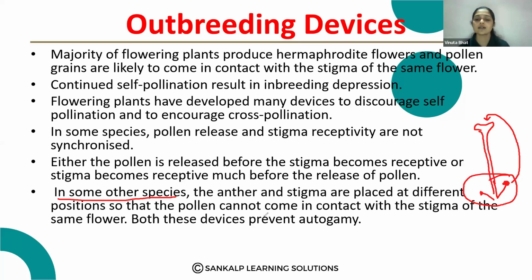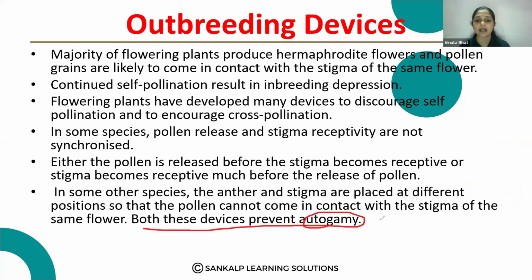Because of their positions, the plant is not able to perform autogamy. So both these devices, the non-synchronized stigma receptivity and pollen release, and the different positions of the stigma and pollen grains, prevent autogamy. Autogamy means transfer of the pollen grains to the stigma of the same flower.